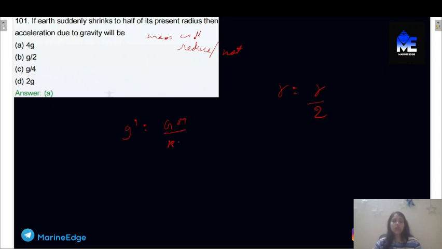GM upon R dash will be the new gravitational acceleration. What is R dash? R by 2. That is GM upon R, and this 2 can go up. So g dash will be equal to 2g. Correct? Sorry, R square. So it should be 4g. So option A.